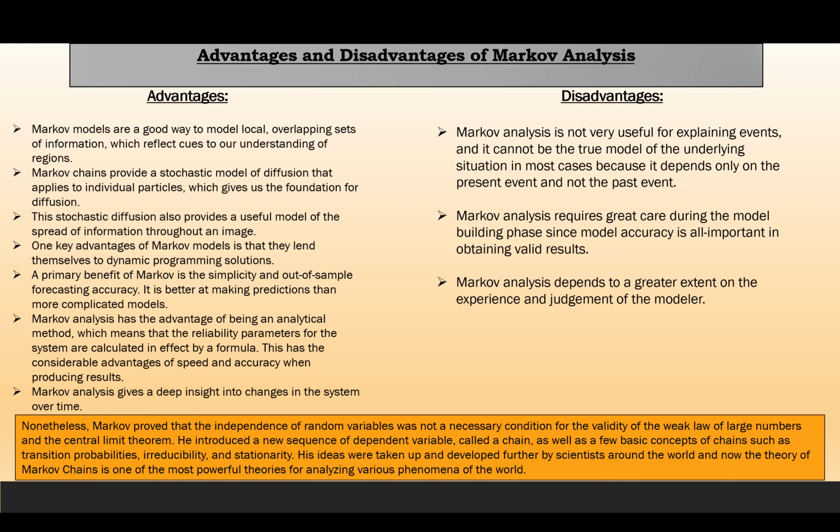He introduced a new sequence of dependent variables called a chain, as well as a few basic concepts of chains such as transitional probabilities, irreducibility, and stationarity. His ideas were taken up and developed further by scientists around the world, and now the theory of Markov chains is one of the most powerful theories for analyzing various phenomena around the world.